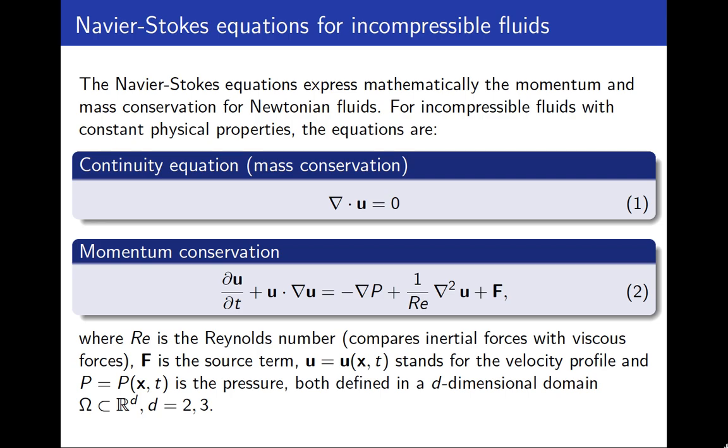For incompressible fluids with constant physical properties, the Navier-Stokes equations are composed of a system of equations. The first one is the continuity equation, which is just the mass conservation, which is this divergence of the velocity field. That divergence has to be equal to 0.